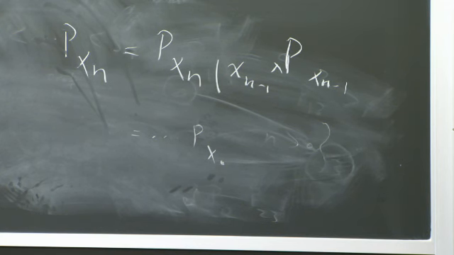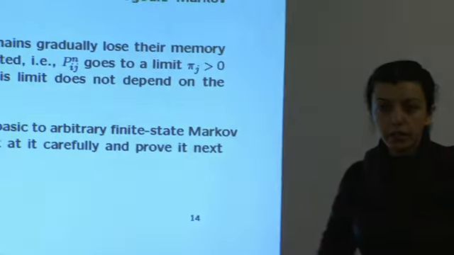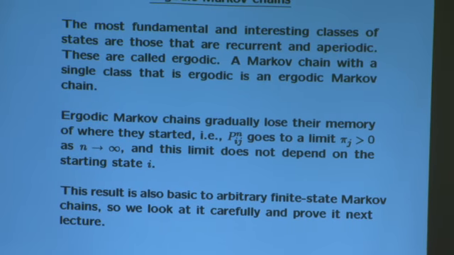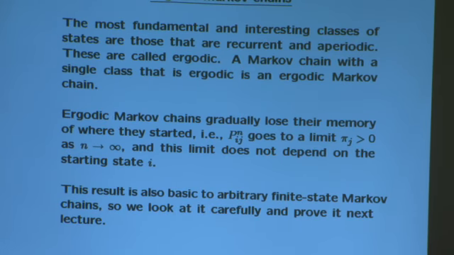So this thing goes to a limit, which is called p_j. The important thing is that it doesn't depend on i. It doesn't depend on where I start. Eventually, I will converge to a distribution, and then this distribution doesn't change. So for large enough n, I have this property for ergodic Markov chains.